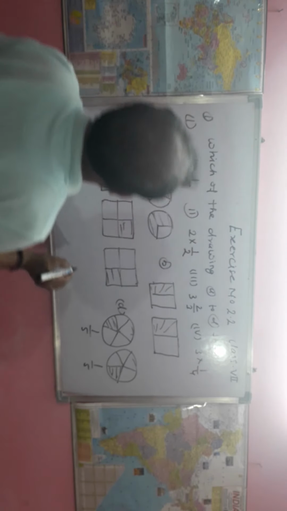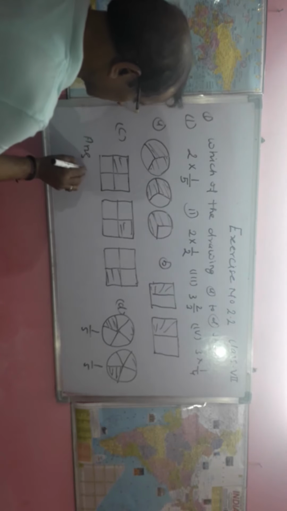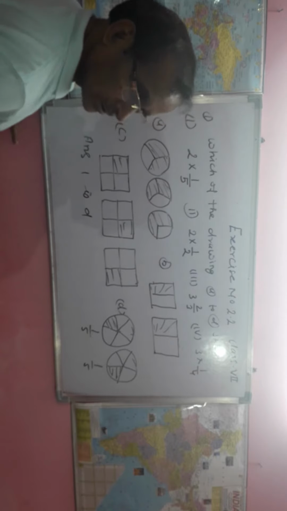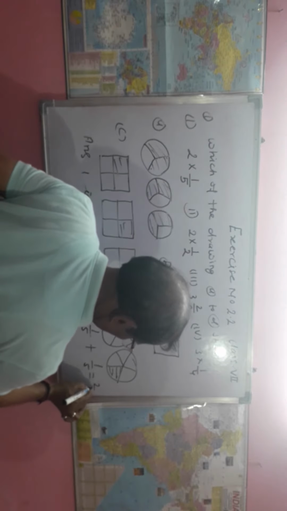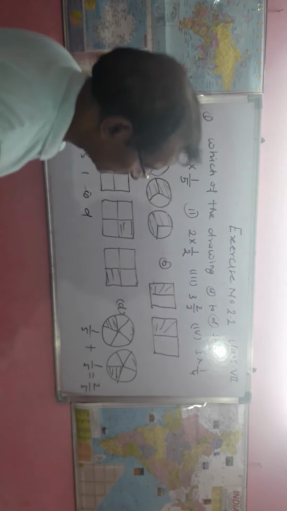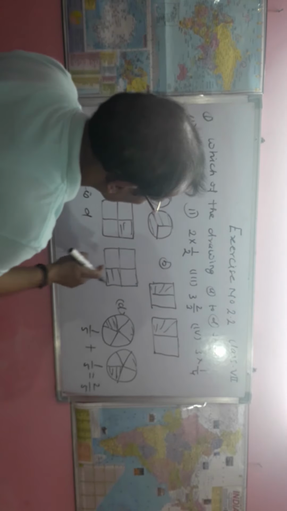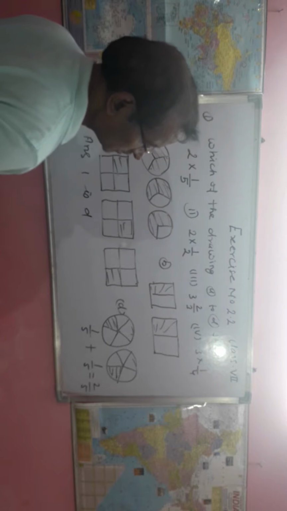That is the answer of the first one, D. Now, if we add 1 upon 5, we get 2 upon 5 here. Similarly, now we come to the second part, 2 into 1 upon 2.